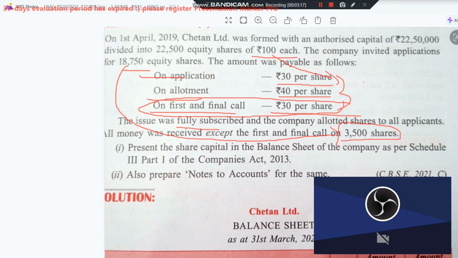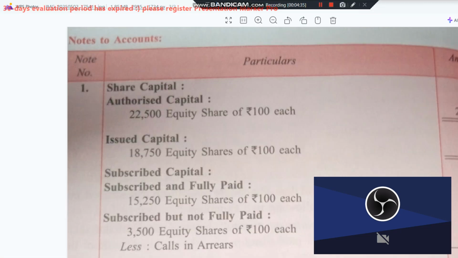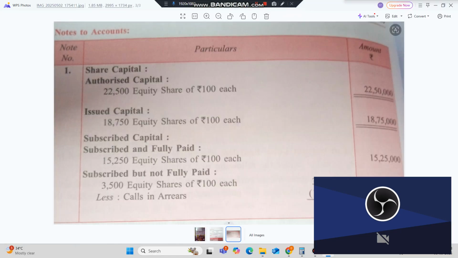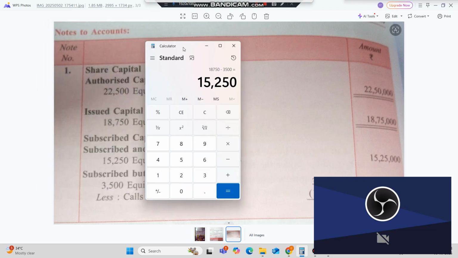So what we have to do here is calculate the subscribed capital. Out of 18,750 shares, 3,500 shares are yet to be received.